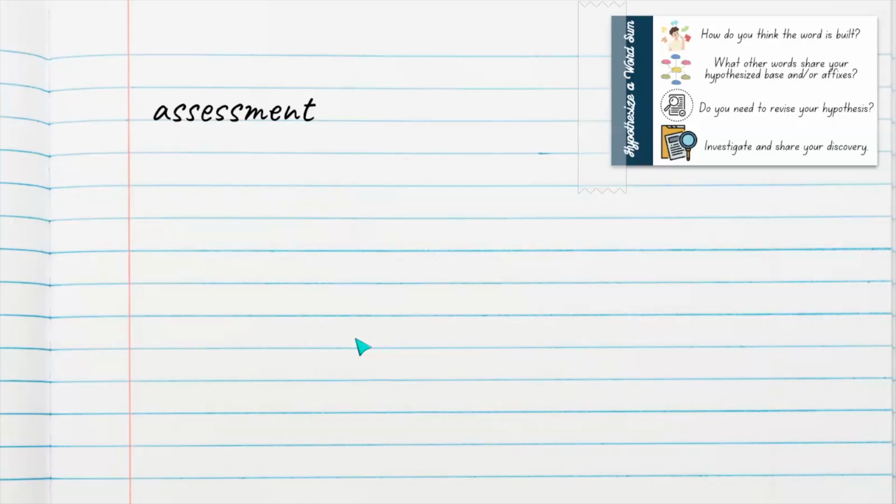So it's not just a teacher word, it can be an everybody word. So when I look at the word assessment, I am pretty confident that we have AS as an assimilated form of AD. So AS as a prefix, SESS as the bound base, and then MENT as a suffix.